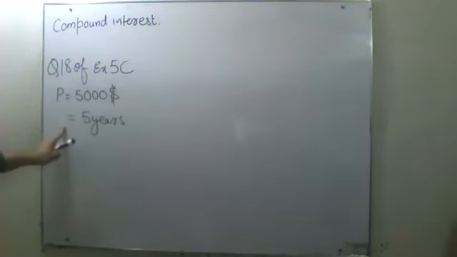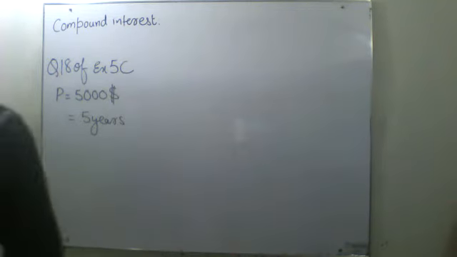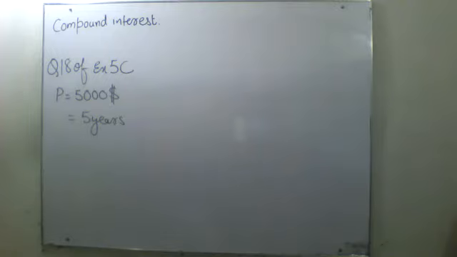I haven't written anything over here. Wait for it. The fund pays compound interest yearly. Okay. Interest is compounded yearly. After the end of 5 years, he received a total amount of $5,800. We have to find the interest rate.